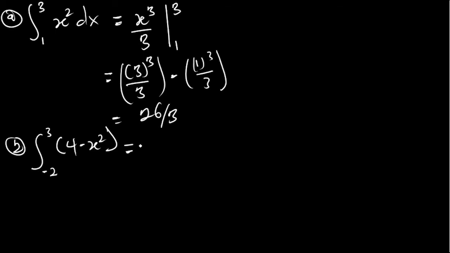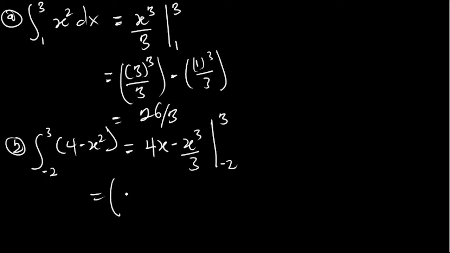And when I integrate the 4, I'm going to get 4x. When I integrate this x squared, I'm going to get x cubed on 3. Since it's a definite integral, there's no need to bring the c. And I'll bring my limits, -2 and 3. So I have to put in the values of this and evaluate.